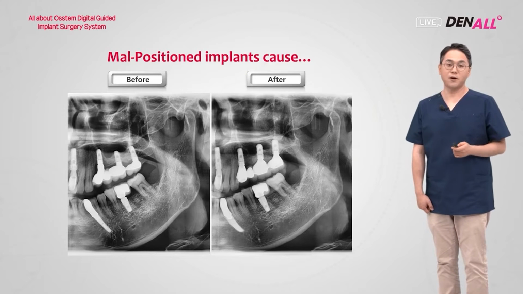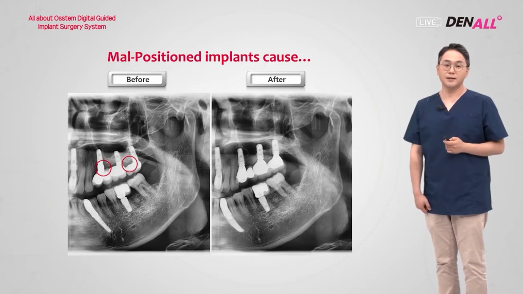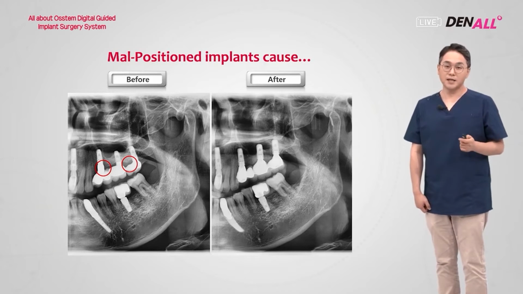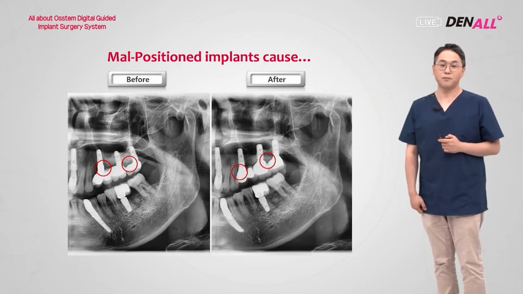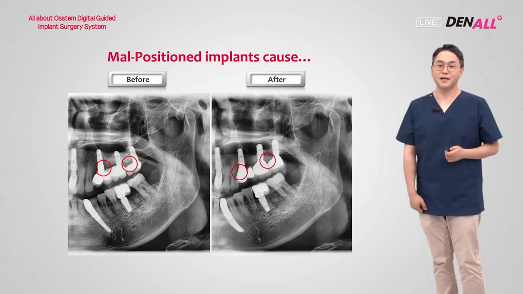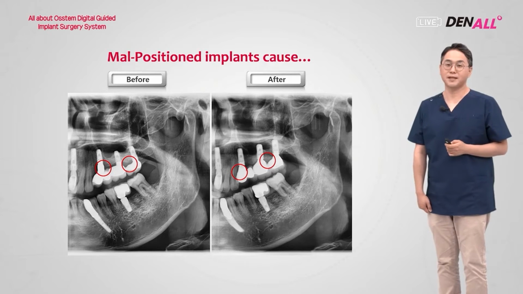To compare, let's look at before removing the prosthesis and implants. The implants now have good mesiodistal position, buccolingual position, and placement depth. This is the prosthesis. As you can see, cleaning space is there.